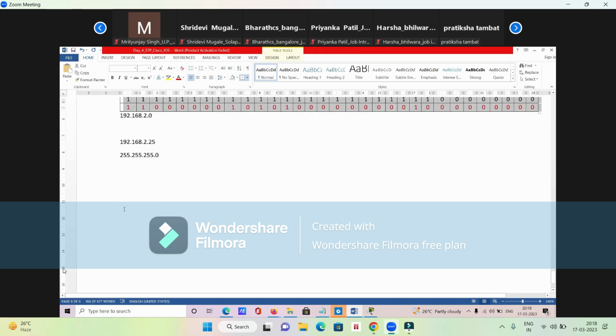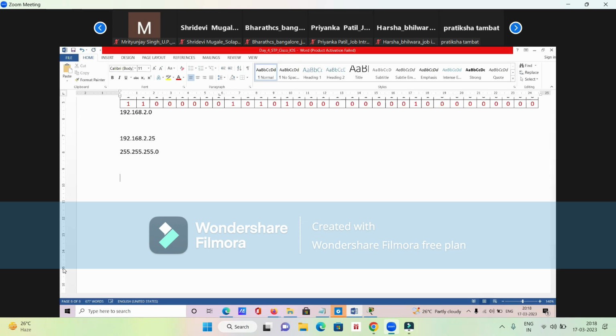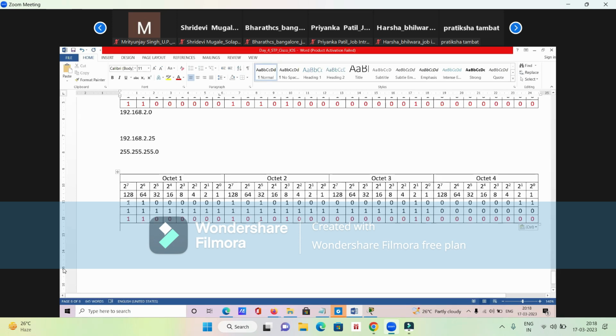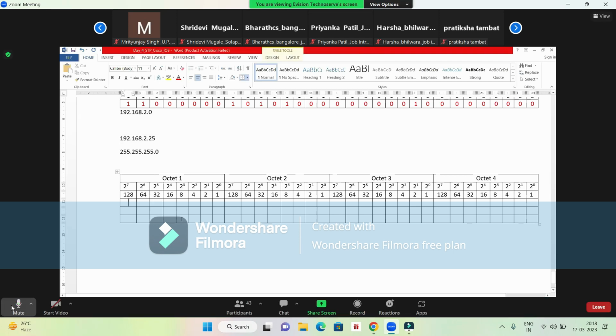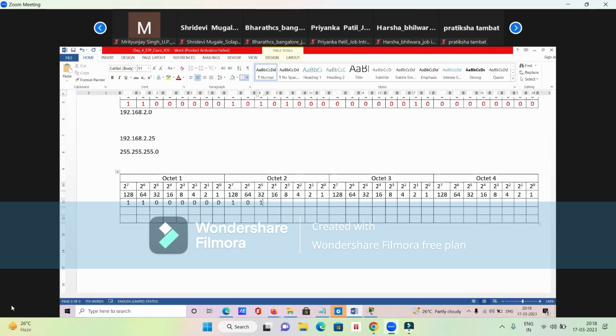Now, same process: we have to perform the AND operation. I am taking the help of the table, converting the numbers to binary. 192 is 1 1 0 0 0 0 0 0, 168 is 1 0 1 0 1 0 0 0, 2 is 0 0 0 0 0 0 1 0, and 25 is 0 0 0 1 1 0 0 1.